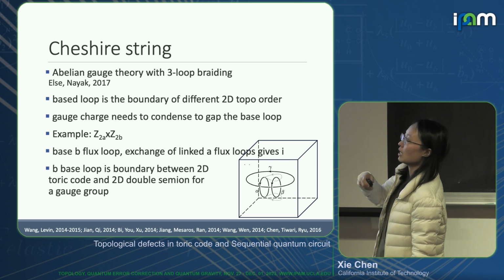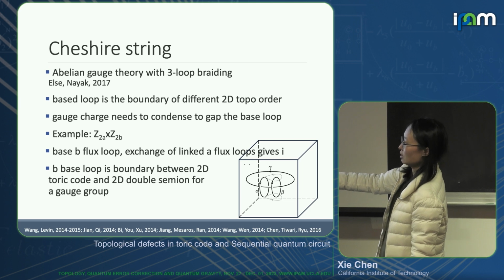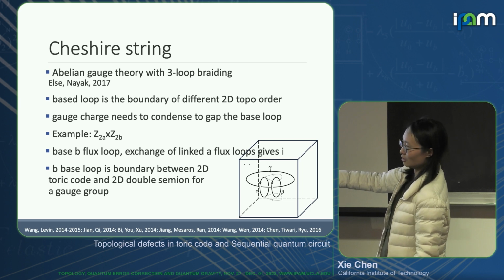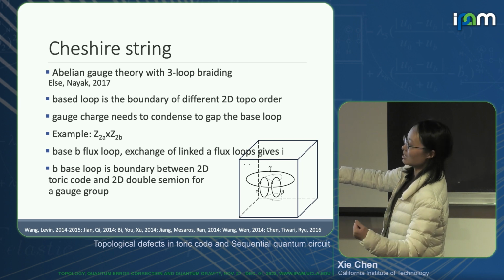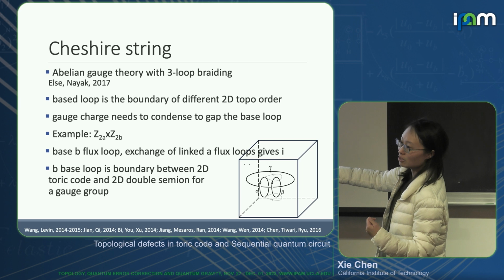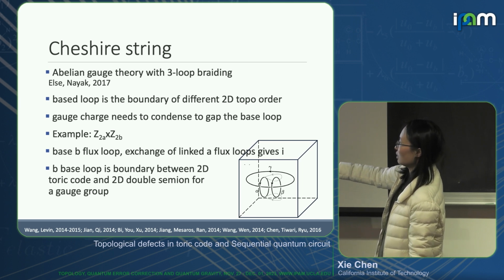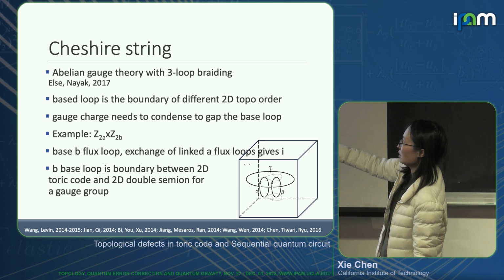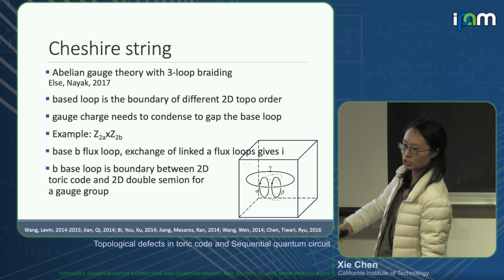And what we know about the boundary between these two topological orders is that the gauge charge, the bosonic charge in either toric code or double semion, has to condense on it in order to have a gapped boundary between them. So that's the only way to have a gapped boundary between toric code and double semion, meaning that in this three-dimensional Z2 cross Z2 gauge theory, this base loop also has to have charge condensed on it.